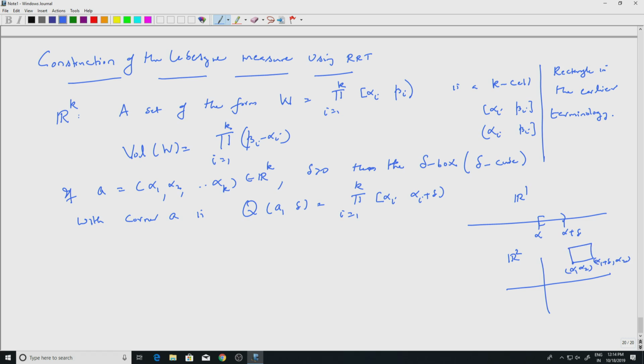So, the right-hand side is open. You are only choosing this portion, this is contained, and you have all the interior points, but not the boundary on the top right-hand corner. So, the corner is here, that is A for you, and you look at a delta cube cornered at A. That is what we are doing.